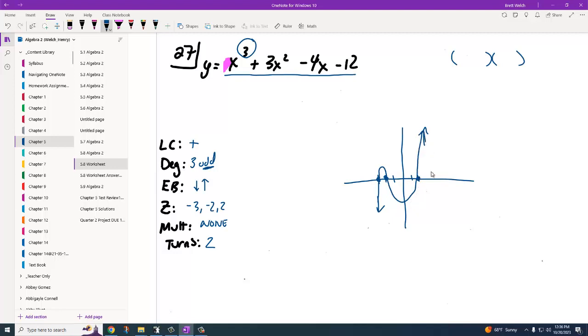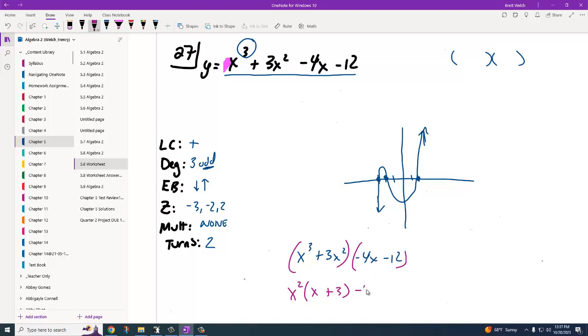Now let's say that you don't have a graphing calculator, or you're like, I want to still practice my factoring. You could have found those zeros by taking the original problem, x cubed plus 3x squared minus 4x minus 12. And I'm going to go a little quick here. If you already know what you're doing, you can move on and not worry about this. I'm going to use grouping in this process to pull an x squared out, which will leave me with x plus 3.